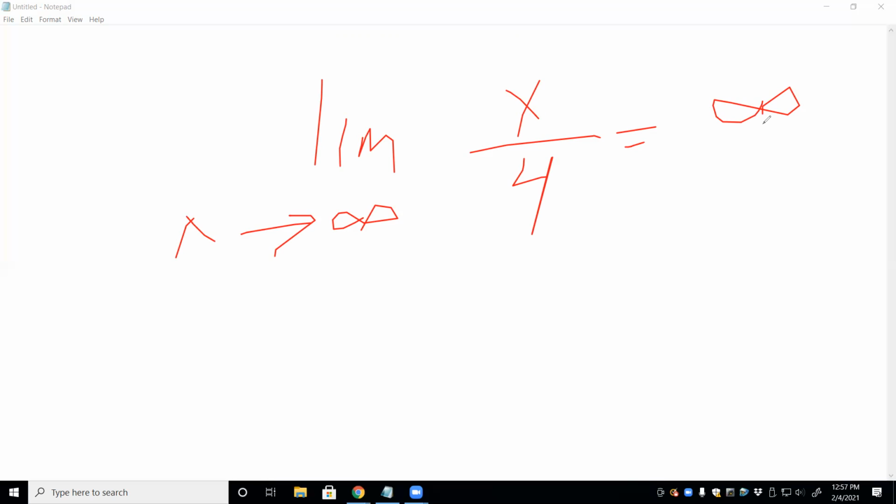And that's a pretty good way to think about it: which grows faster, the numerator or the denominator. And if one obviously always grows faster, then you know what your answer is. Gotcha. Okay. That makes sense.